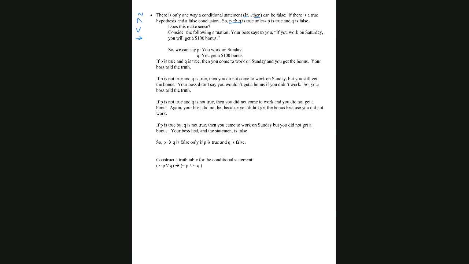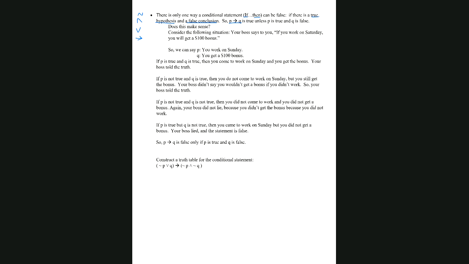Hypotheses is plural. And the second statement after the then is the conclusion. So there is only one way a conditional statement can be false, and that is if there is a true hypothesis and a false conclusion.